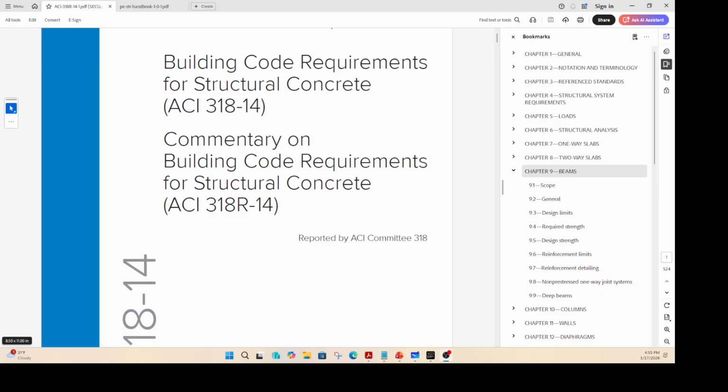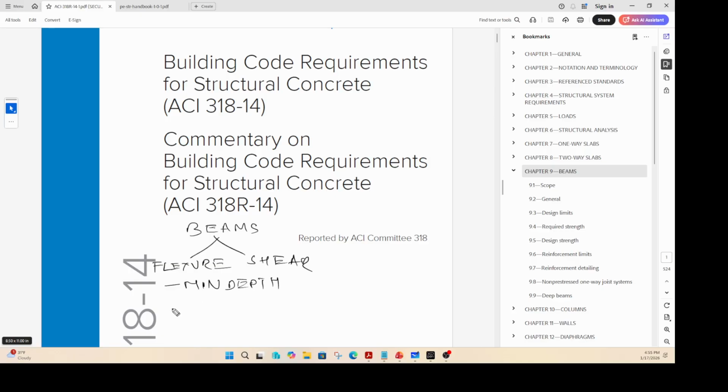What we'll be covering is mainly beams, and then we'll be talking about flexure and shear, right? We'll be talking about multiple topics, stuff like what is the minimum depth required of a beam.